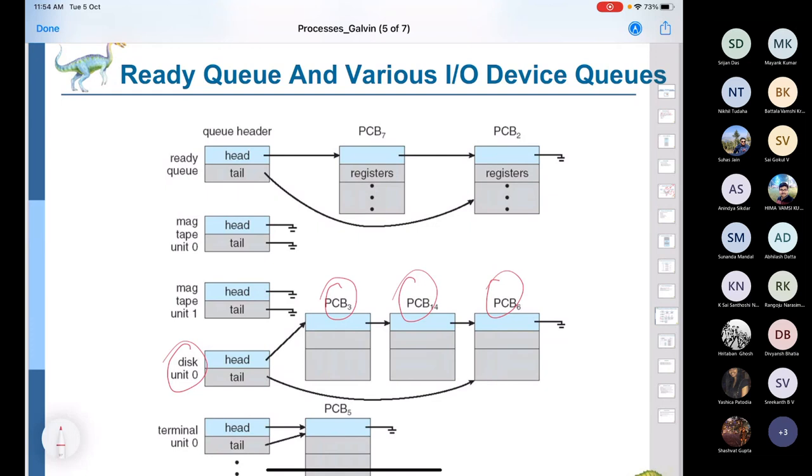But the hard disk drive, as you know, will be able to handle only one process at one point of time. So currently, suppose it is handling process number 20. Once it gets done with process number 20, it will start processing process number 3.